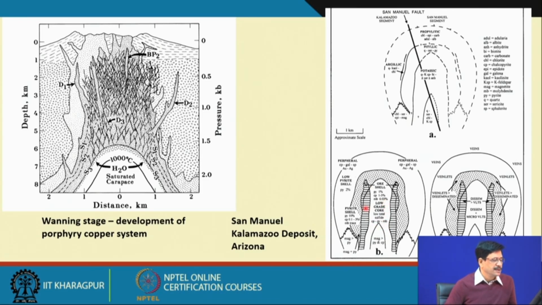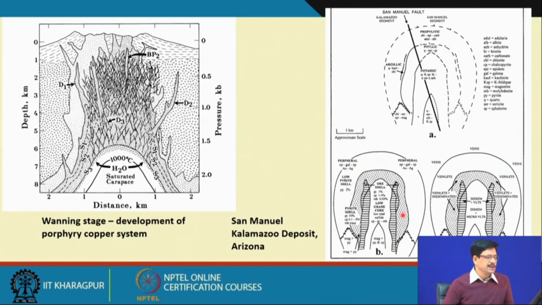Then there is a rich ore shell which contains the maximum concentration of copper and the richest part of the ore body, and is surrounded again by a shell that is pyrite rich but chalcopyrite poor, and the mineralization dies out and that becomes the country rock.